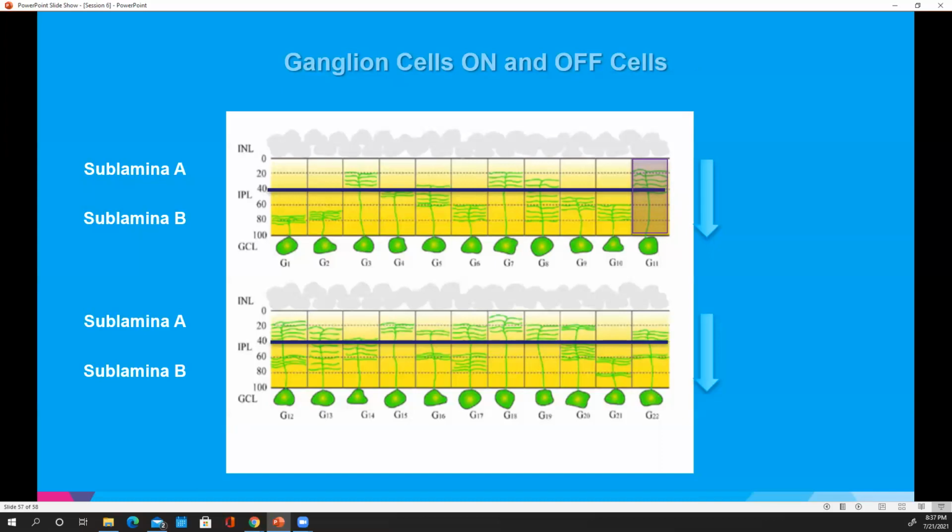I guess that would be S1, S2, so it's off. And these project to the magnocellular pathway. You're saying it's large because parasol stands for umbrella. So this deals with motion and fast responses.